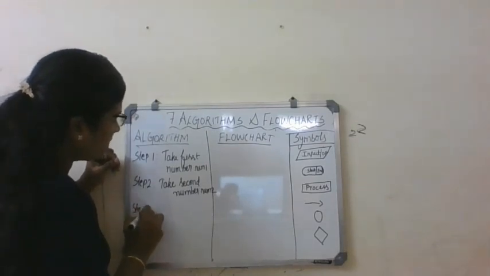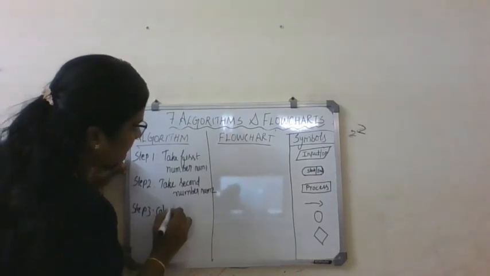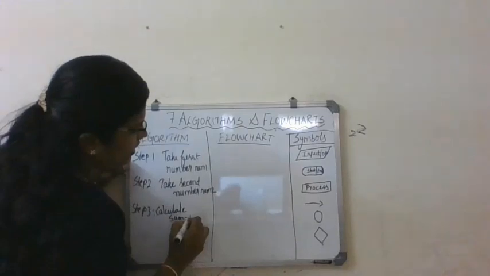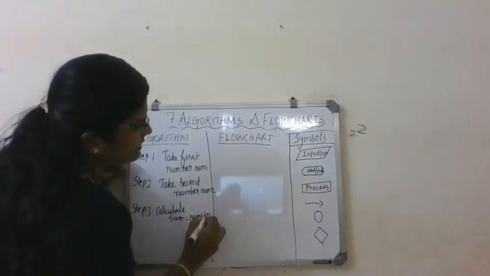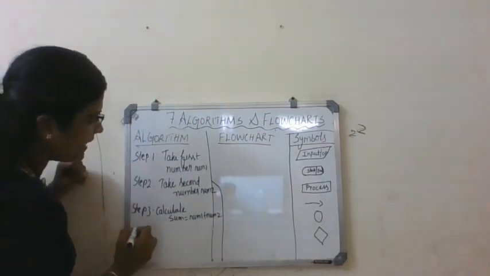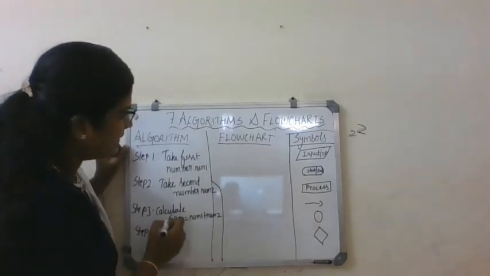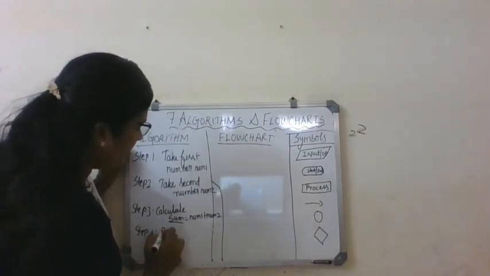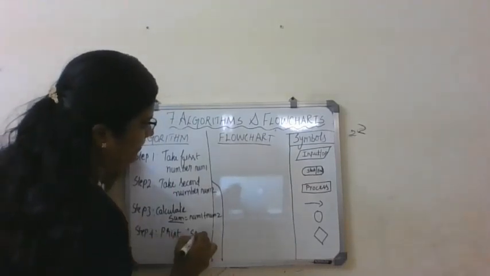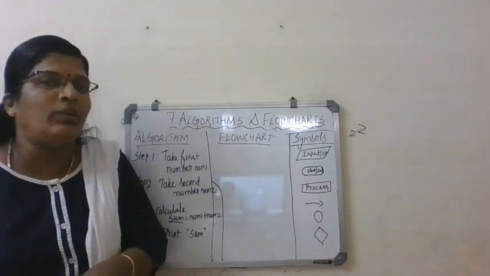Step 3 is processing, the calculation: calculate sum is equal to num1 plus num2. Then what is the next step? Step 4 is to display the result. The result is in sum. So print sum. That's all. This is an algorithm for adding two numbers.